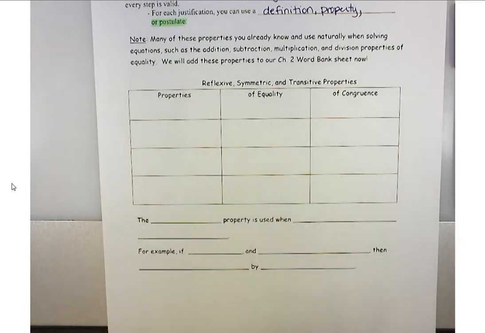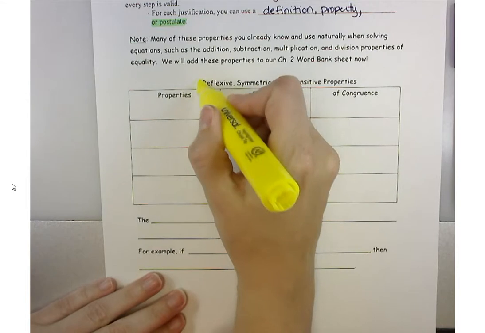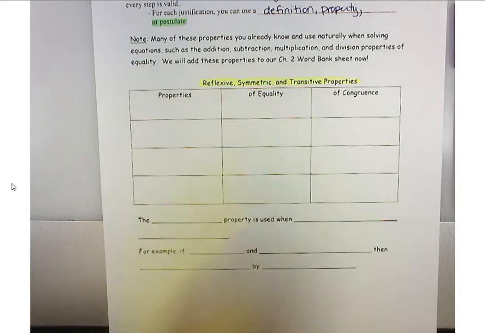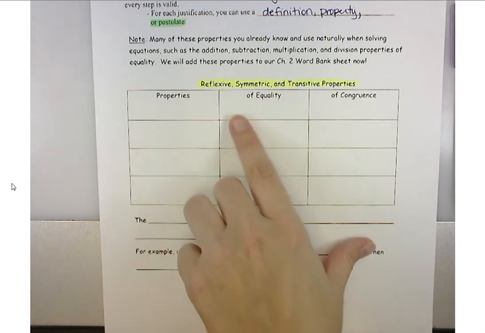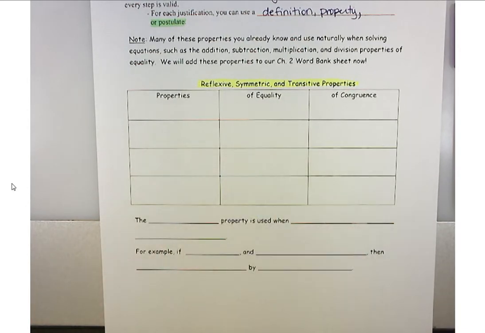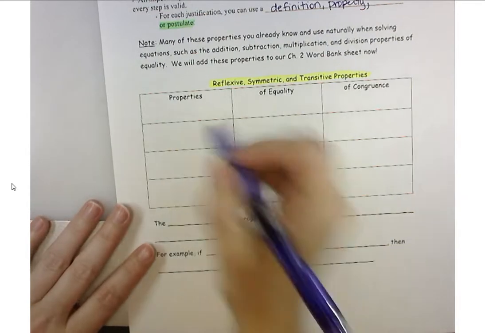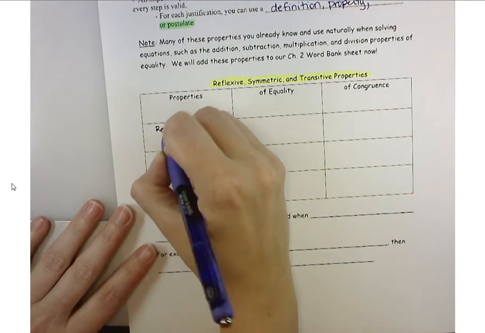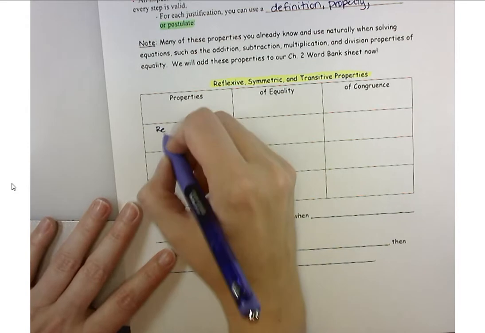And these are the reflexive, symmetric, and transitive properties. There's the of equality and there's the of congruence. One is going to be used when two things are equal. The other one is going to be used when we have congruence.